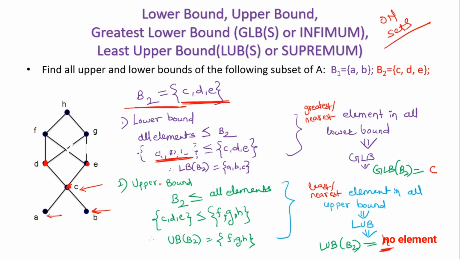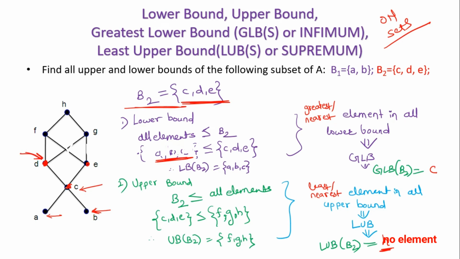We have to find the upper bound for this subset C, D, E. Now we should have an element present in the upper hierarchy, and from all of these points there must exist a path going and meeting that vertex. Let's check whether D is an upper bound of this subset.